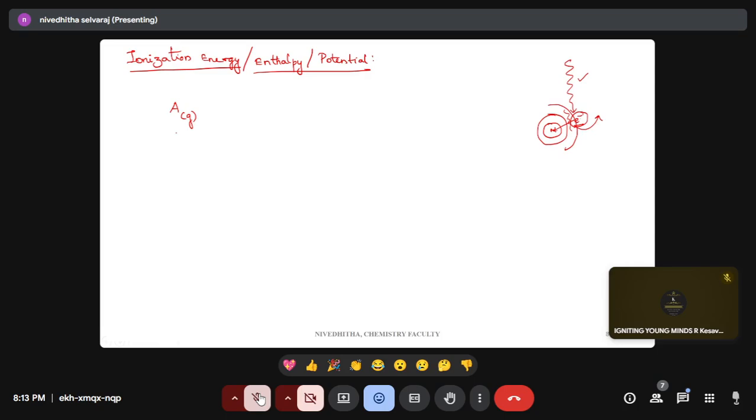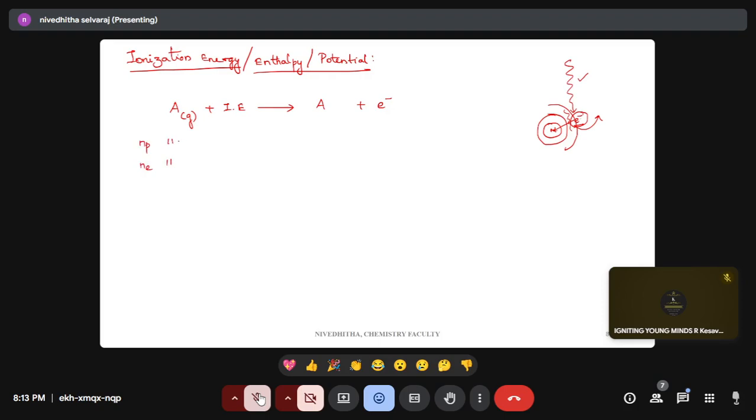So if you supply a particular amount of energy, by absorbing this energy, the electron will be ejected out. And what will be the charge on this atom then? Will it be positive or negative? Positive, ma'am. Yes, it is positive, because in a neutral atom, the number of protons and electrons is the same. For example, if proton count is 11, then electron count will also be 11.